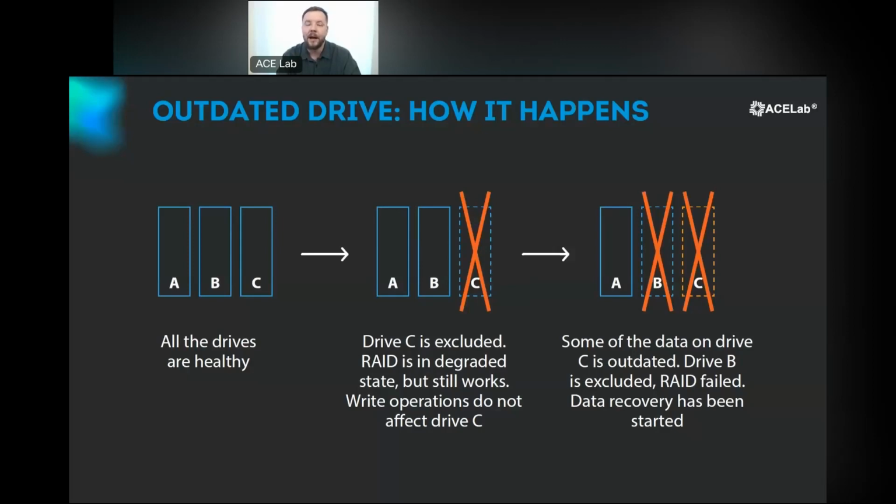But since drive C was excluded, and it can be a few hours, but it can be a few years, all new data will not be on drive C. So if you try to save these new files, they will be damaged. That's why it's better not to use this drive when you create the RAID. We call this the outdated drive issue. It's quite common in real life.